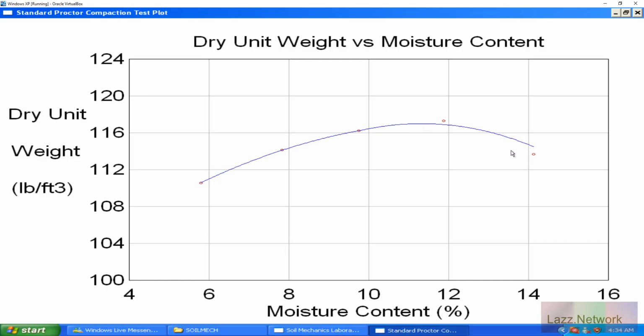But let's say the moisture is closer to 14%. Generally speaking, and granted, it varies from project to project or by location, whether it's outside the United States or a different state.